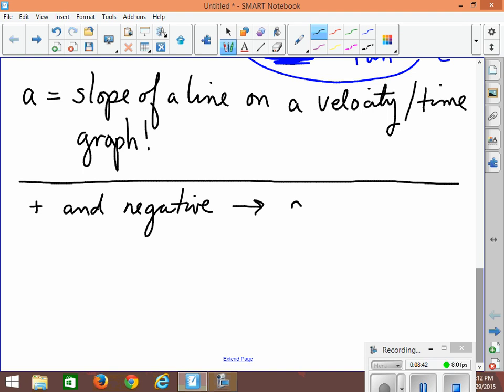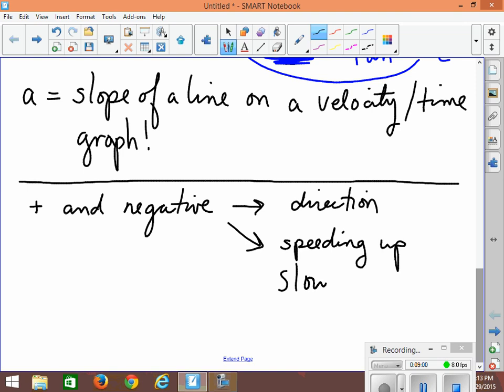So we can use these to indicate direction. But acceleration is a little bit odd, because you could also use positives and negatives to distinguish between speeding up and slowing down. And so we get a little bit of confusion as to what a negative might mean.